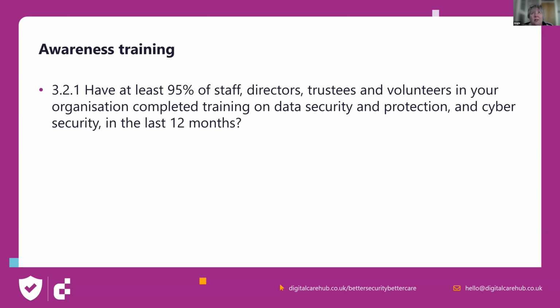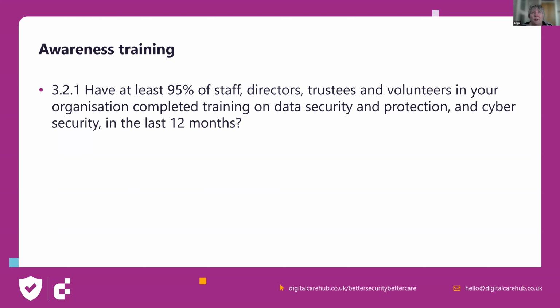So one of the questions is awareness of training at 3.21. Have at least 95% of your staff, directors, trustees and volunteers in your organisation completed training on data security and protection and cybersecurity in the last 12 months? Now that's mandatory. That should be done as a matter of course.